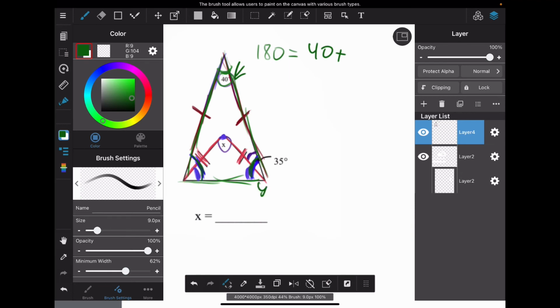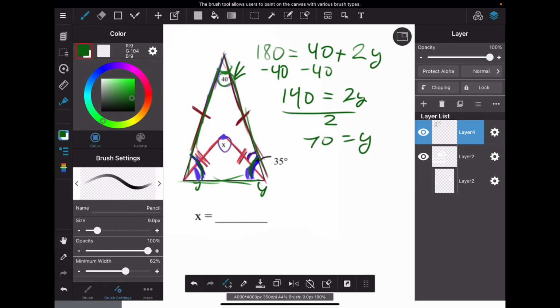And we'll just call that y again since we already have x. So 2 times y. To solve for y, we'll subtract 40 from both sides. 40 minus 40 is 0. 180 minus 40 is 140. Then we're going to divide both sides by 2. And we now know that 70 equals y. So the big giant angles both equal 70 degrees.